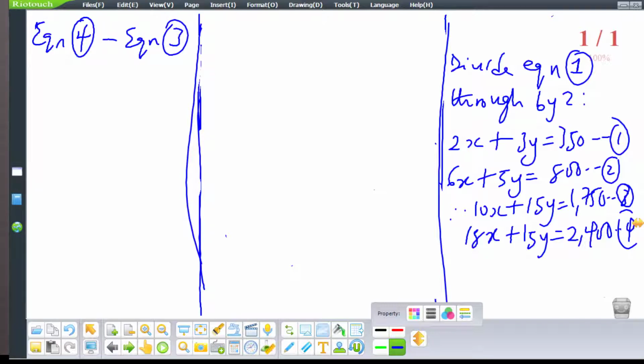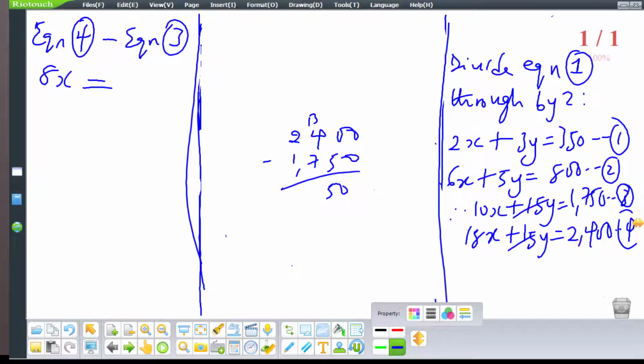In this case we have 18x minus 10x, that's going to give us 8x. Then 15y minus 15y eliminate each other. Elimination method. So it's equal to 2,400 minus 1,750, that's going to be 650.